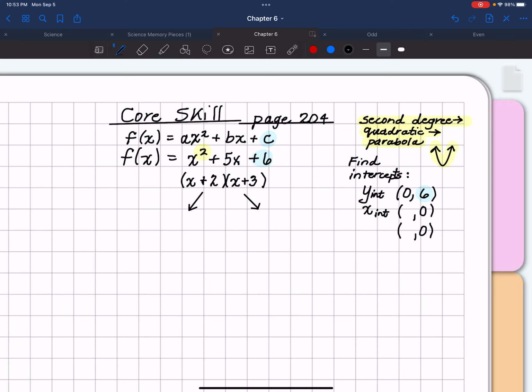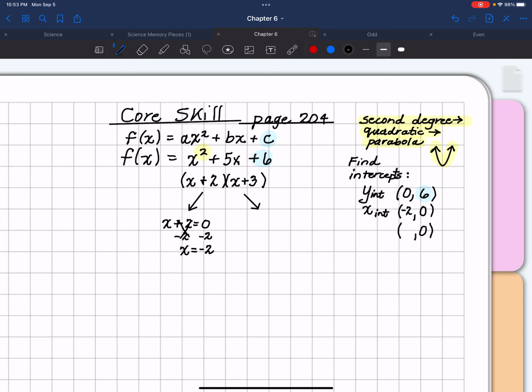So we're going to say x plus 2 is 0, because remember the y value is 0. And then minus 2, minus 2. So x becomes negative 2. That'll be one of the intercepts.